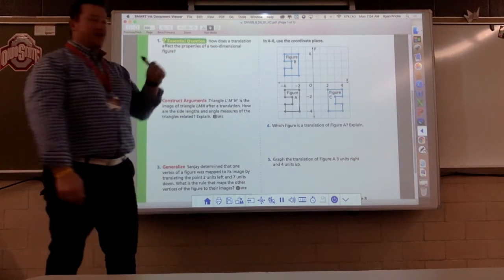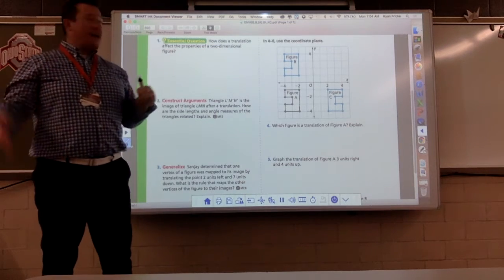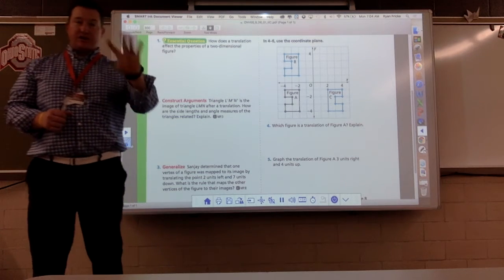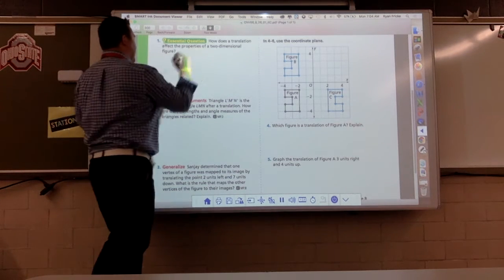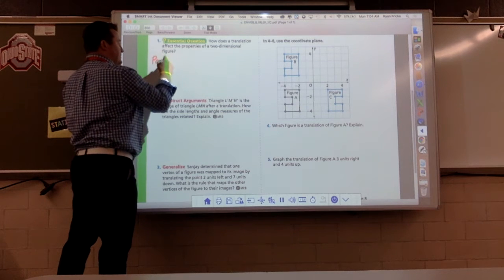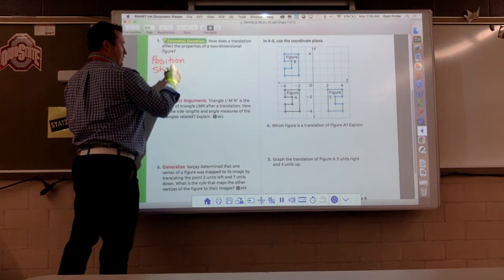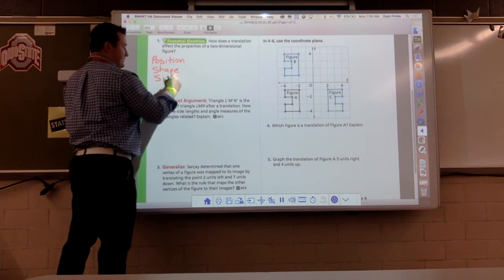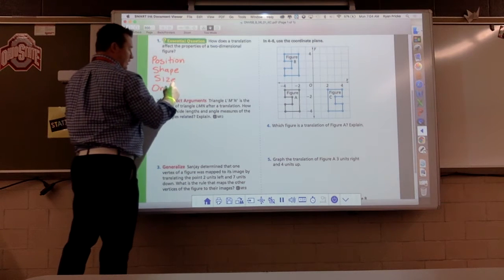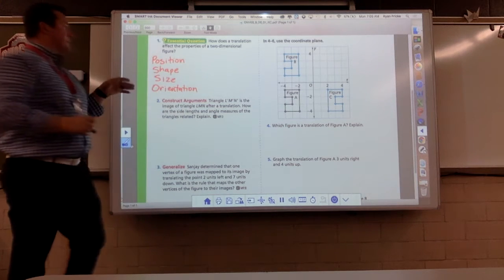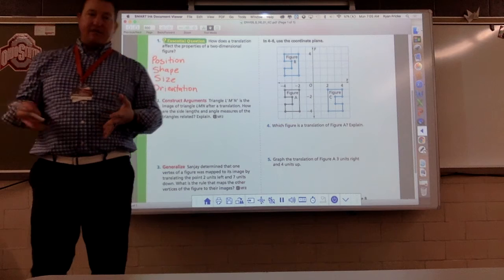First question up, here we go. How does a translation, that's what we're working on today, also called slides, affect the properties of two-dimensional figures? There's four things: position, shape, size, and this weird word we call orientation. Some of these stay the same, some change.